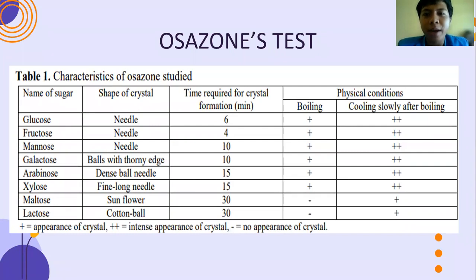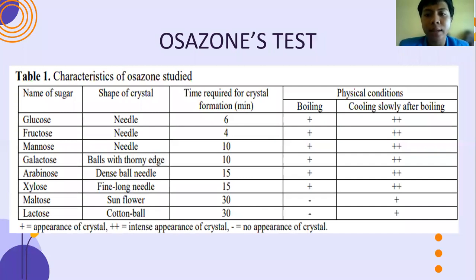Based on the shape and structure of the crystals and their time of occurrence, different sugars can be identified. The identification of the reducing sugar through this test.